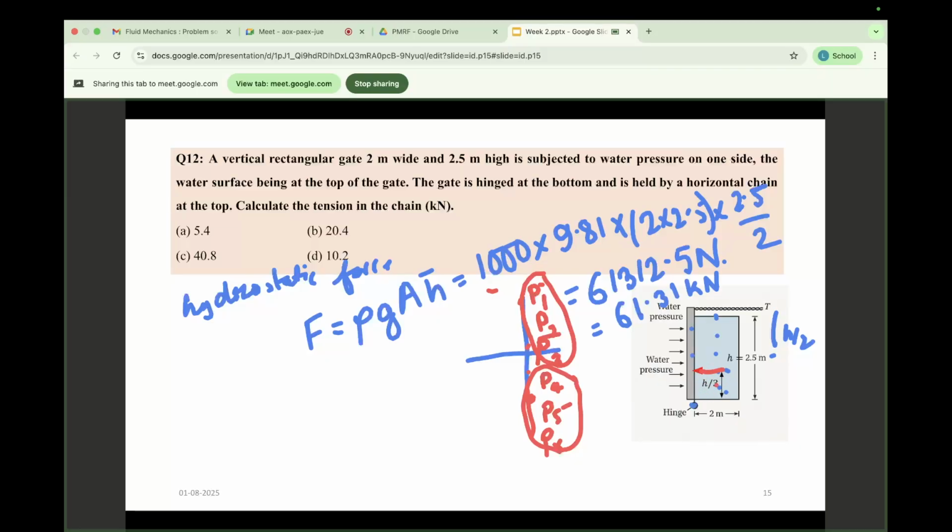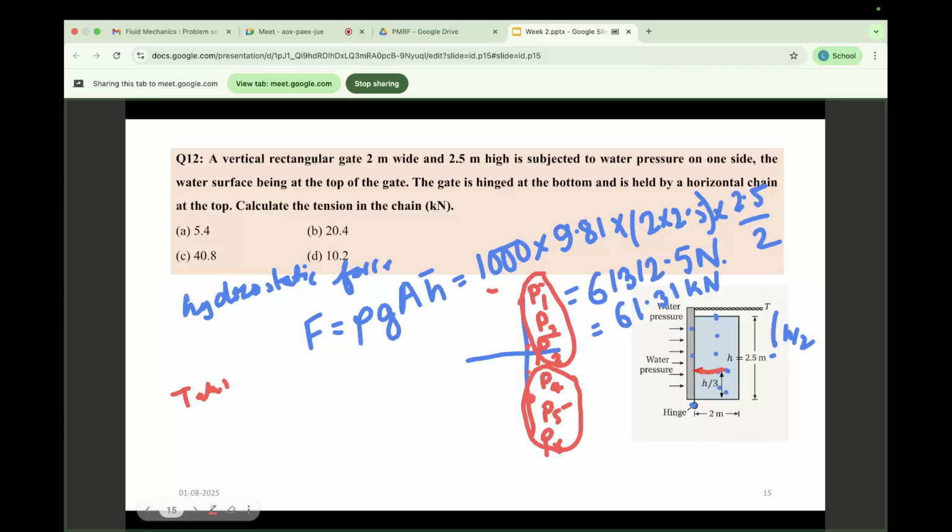How this has come, actually, there is a derivation. If you go through any fluid mechanics book, you will find this derivation. That indicates that it is at the bottom, at h by 3. So now I will take moment.